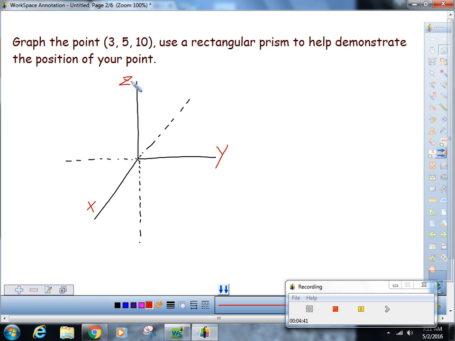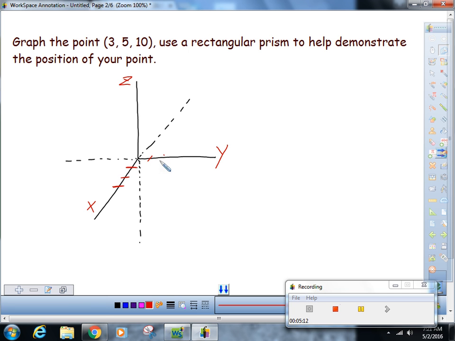How many spaces are we coming out in the x direction? 3. When you write your lines on the x-axis, your little dash marks, they should be parallel to this y plane. So 1, 2, 3. Okay? How far are we going on the right? Those tick marks should be parallel to this plane.